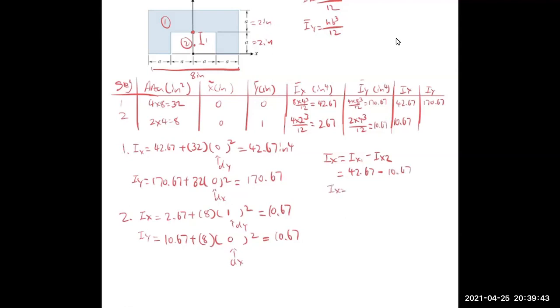So Ix, I got 32 inches to the fourth. And then for Iy, same thing, Iy1 minus Iy2. This will be equal to 170.67 minus 10.67. So Iy will be equal to 160 inches to the fourth. Okay, so here's the answer for the first part.